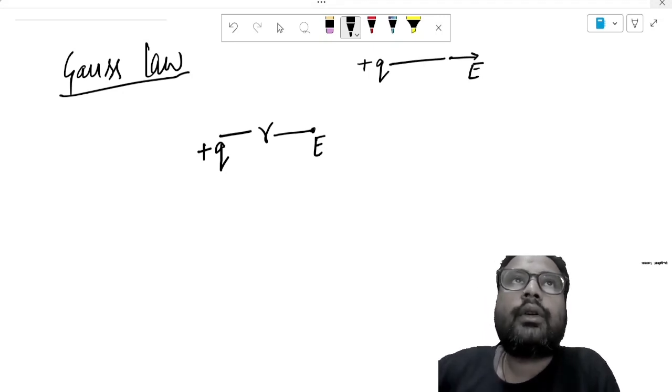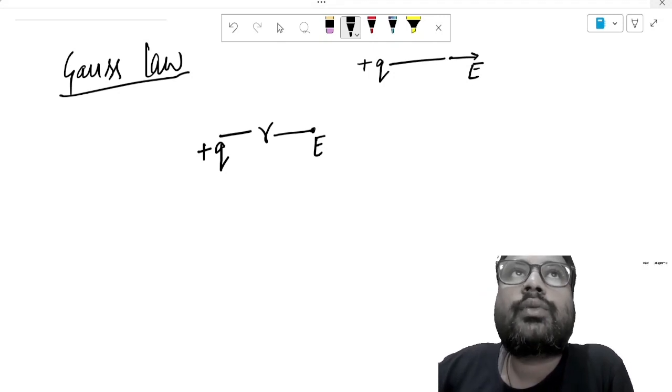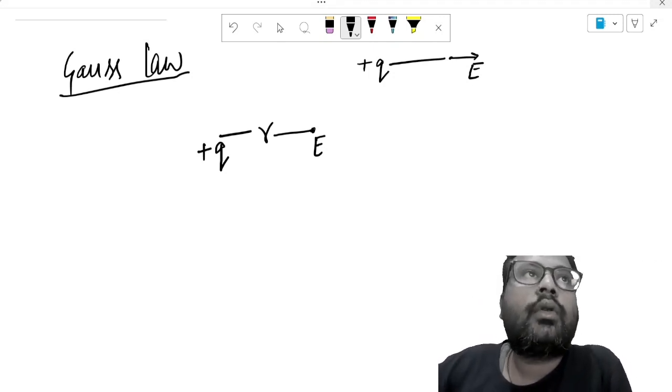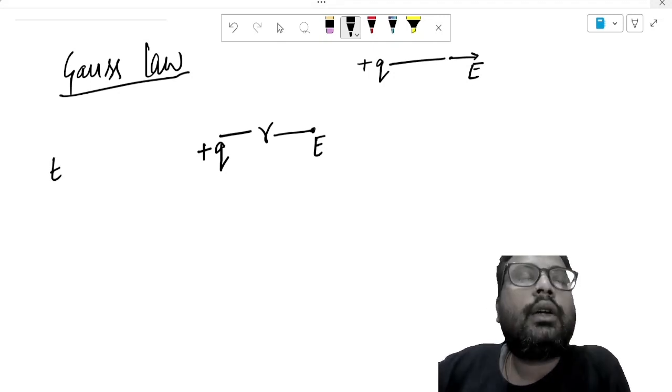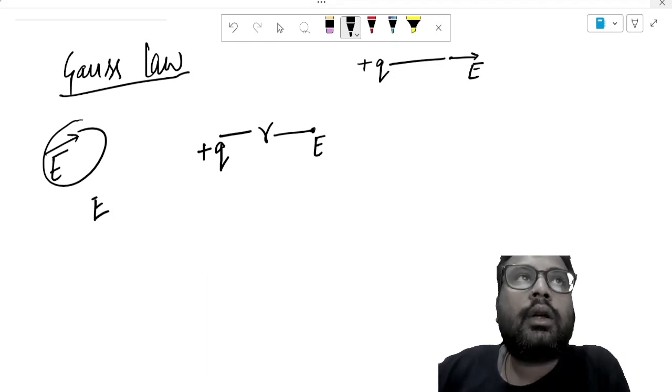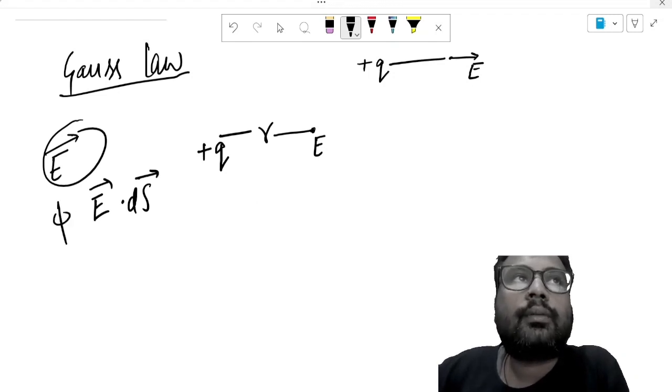To calculate this electric field due to this positive q charge, we will use Gauss law, which states that electric field can be calculated by the formula E dot ds, which is called flux.